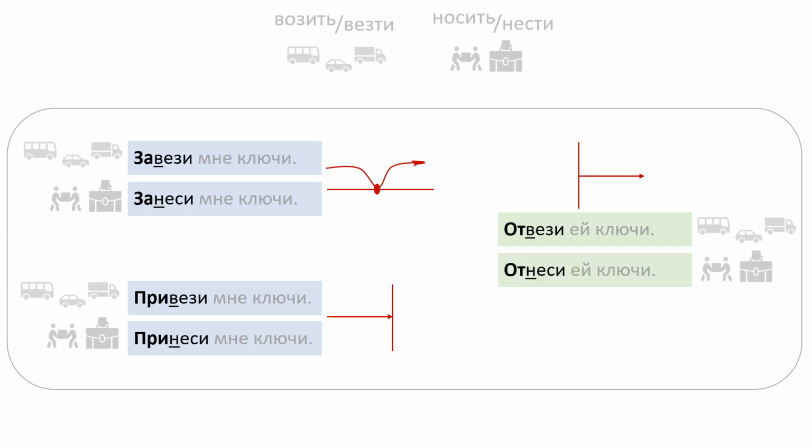Отнеси ей ключи. Take the keys to her. It doesn't matter if the transportation will be used, or perhaps transportation is not necessary. For example, when the receiver of the keys is in the same room. So both of these sentences can be used to ask somebody to take the keys somewhere. Отвези ей ключи. Отнеси ей ключи.